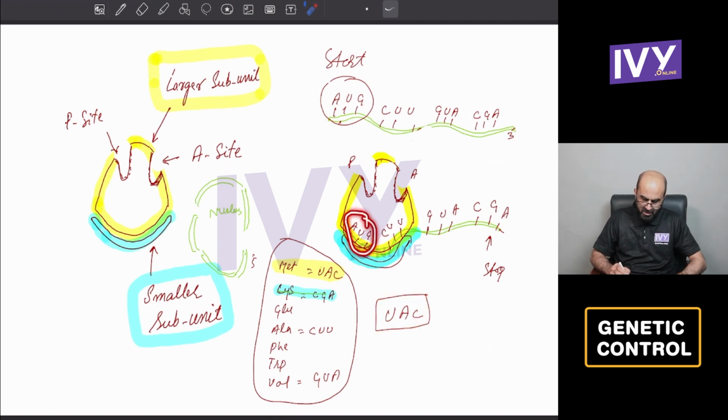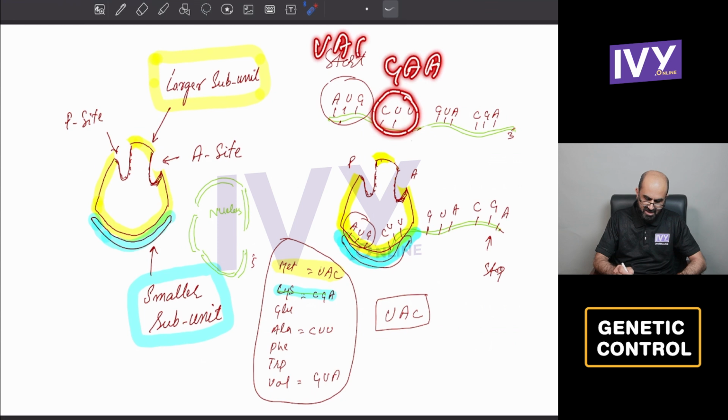And for the other one, which is CUU, we need GAA. So the first two tRNAs we need are UAC and GAA. Two consecutive tRNAs are required to bind with the messenger RNA. One has the anticodon UAC and the other has the anticodon GAA.